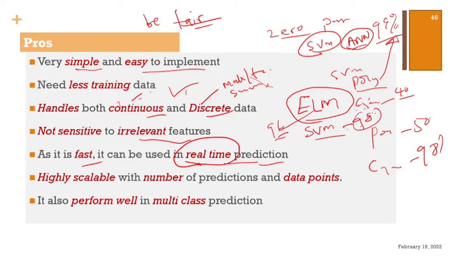So I said, okay, SVM can go for the best. However, I recommended this one for online. If you want to solve this problem in real time, SVM takes a lot of time, but ELM is very fast. So I recommend it, even though there is a 2% difference, if you want to go real time, because real time means as the event is happening, you need to predict. There's no time for time wasting.